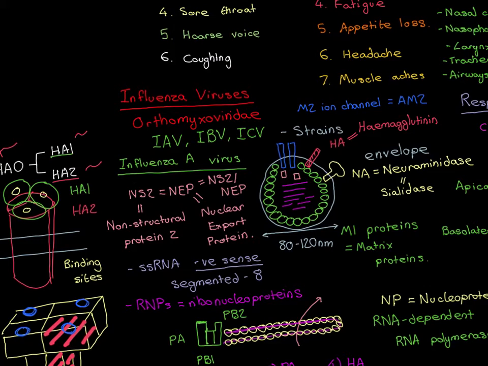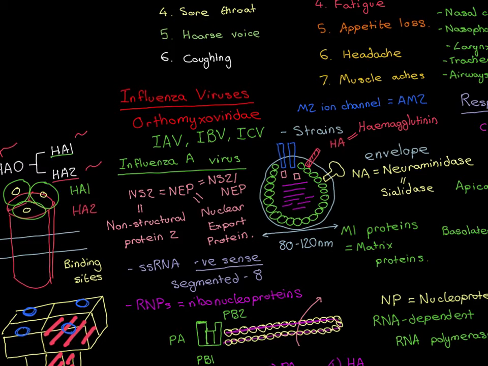Okay, so influenza A virus, we'll forget about IBV and ICV at the moment, we're just talking about influenza A virus. We'll come on to influenza B and influenza C. Influenza A virus is a species of virus, and just as I said at the start, just like the human species, it has loads of different members, loads of different strains that are all quite different from one another, just like there are loads of different humans that are all very different from one another.